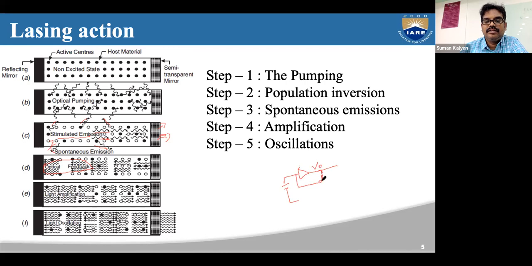So this looks like an electronic oscillator. This is what we call feedback. Whatever output we are getting, we are giving it back to the input. So here also, whatever output we get from the spontaneous emissions, we are sending it back. So this will be a continuous process.